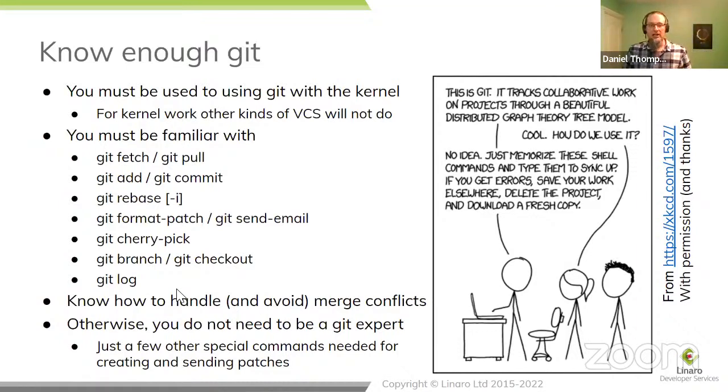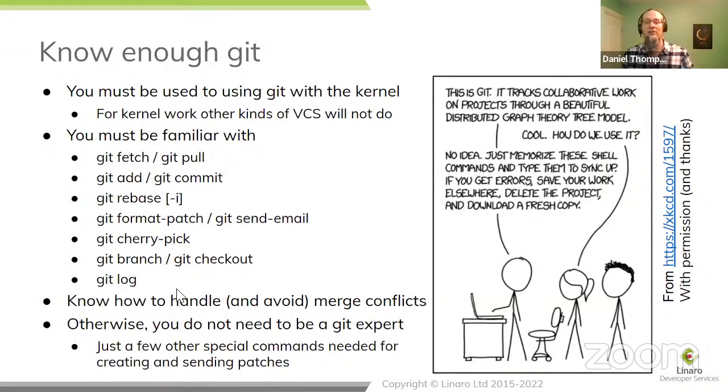The other thing you should know about Git is something about merge conflicts. The reason that white space changes are so despised when attached to other types of changes in the kernel is they tend to create merge conflicts, and merge conflicts are tedious. So making small atomic changes to the one thing that fixes a bug is a way to make the change less likely to experience merge conflicts.